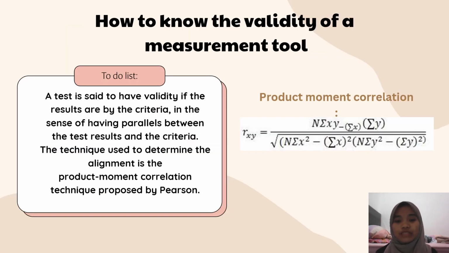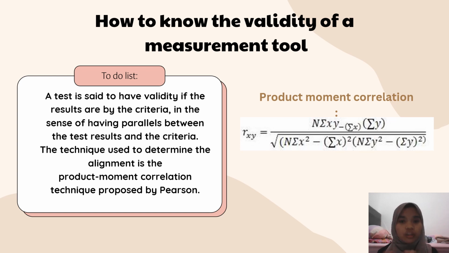The last matter I want to explain is how to know the validity of a measurement tool. A test is said to have validity if the results match the criteria, in the sense of having parallels between the test result and the criteria.